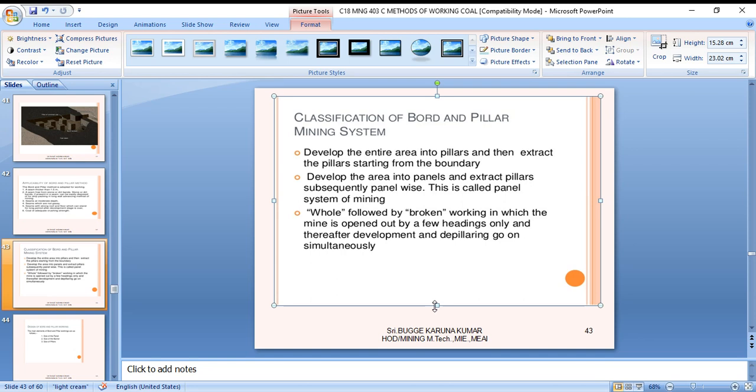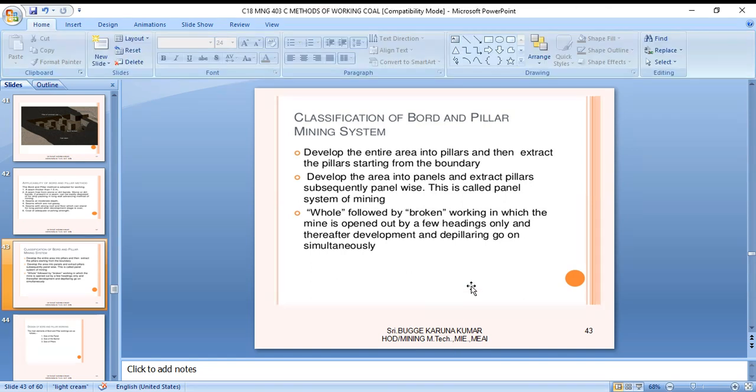This is followed by broken working, in which the mine is opened out by only a few headings, and thereafter development and depillaring go on simultaneously. This is very important in the panel system of board and pillar. Develop the entire area into pillars and then extract the pillars starting from the boundary, or develop the area into panels and extract the pillars subsequently panel wise.